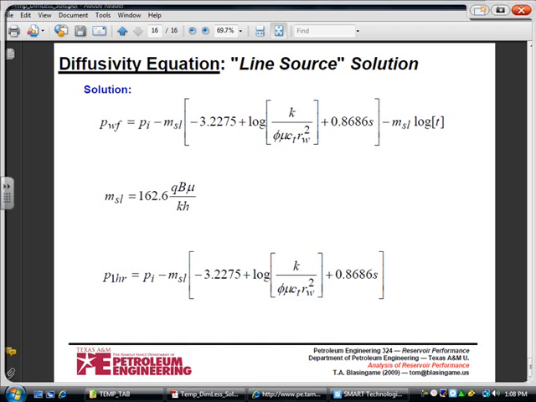Okay, and we are assuming an infinite acting reservoir. So our variable is time, and we are going to compute the pressure. So the pressure is changing with respect to time. So this equation, is it a straight line or is it logarithm? Yeah, that's correct. So let's draw it.